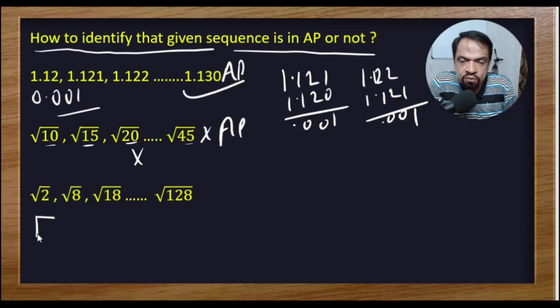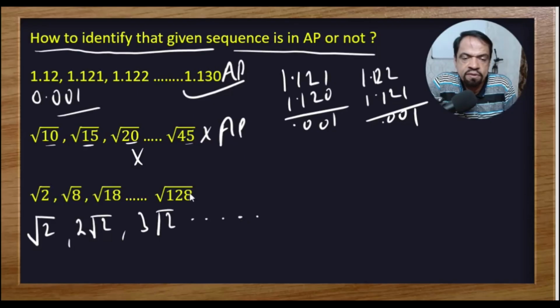Reduce this: root 2 will be as it is, root 8 we can write as 2 root 2, root 18 we can write as 3 root 2 and so on. This 64 into 2 means 8 root 2.